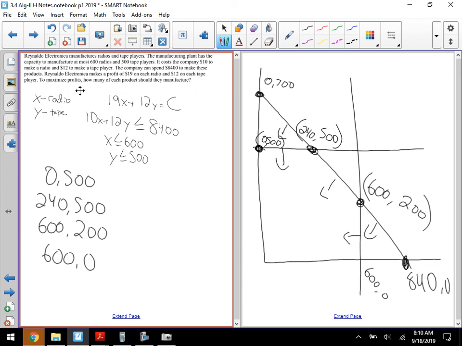Objective function, I'm not going to try to multiply that in my head like I did the other stuff because that's a little bit more. First one gives you 6,000. Then $10,560. Then $13,800.